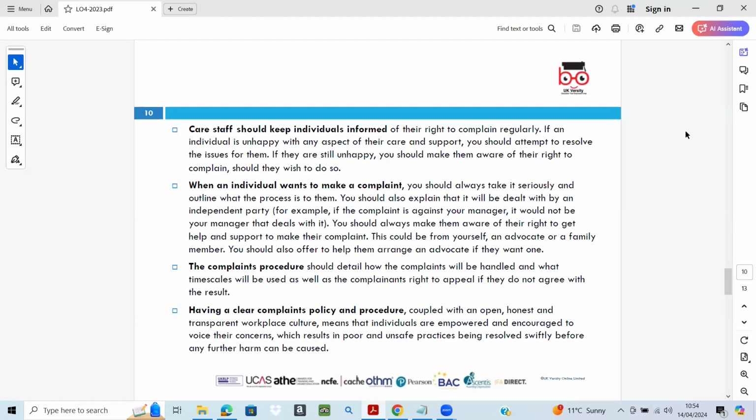Additionally, the complaint procedure should clearly outline how complaints are handled, the time scale for responses, and the complainant's right to appeal.